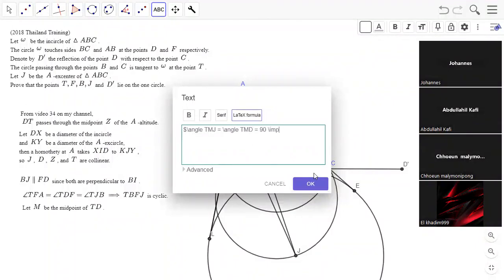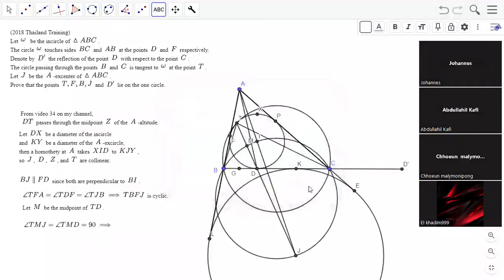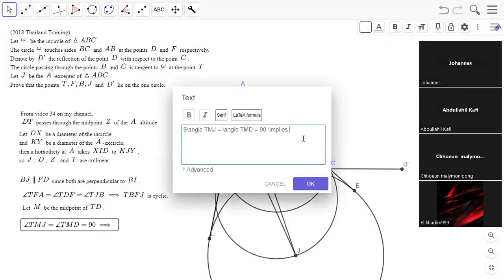And that means that I, M, J. So that means IMBJC is cyclic. Let me change the T's to I's.